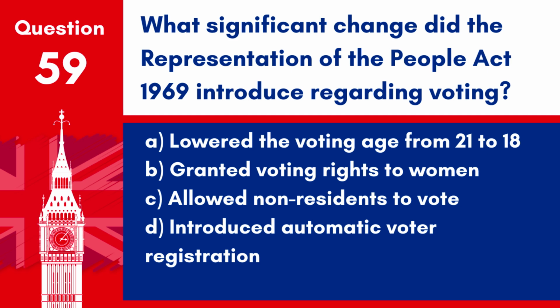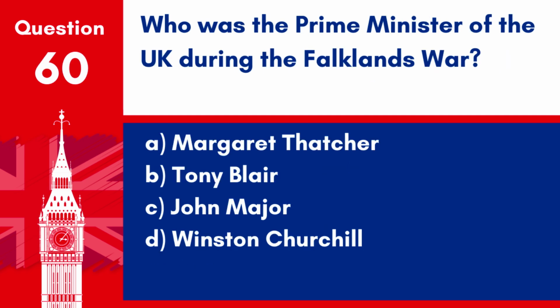D. Introduced automatic voter registration. Answer: A. Lowered the voting age from 21 to 18. The Representation of the People Act 1969 significantly changed the voting age in the UK, lowering it from 21 to 18.